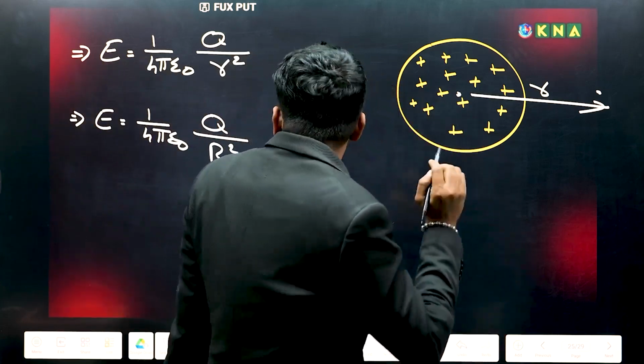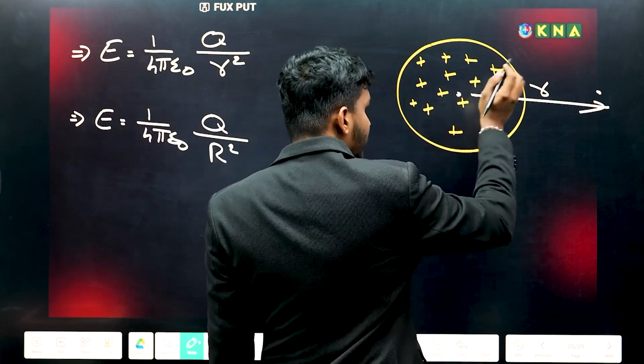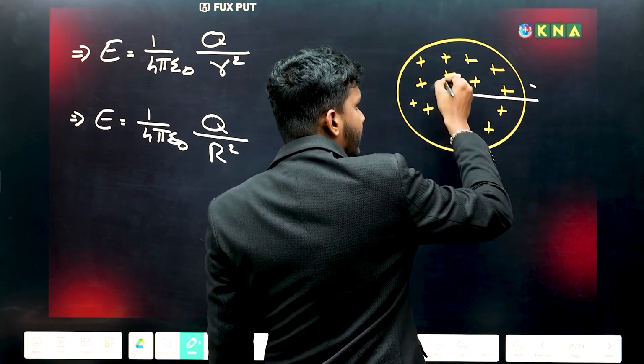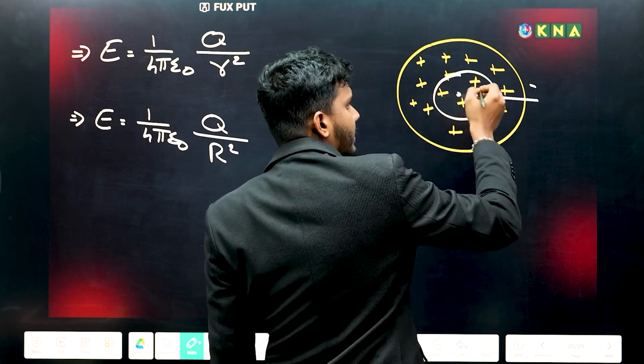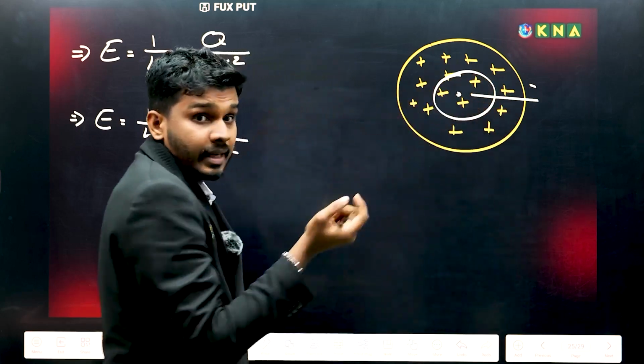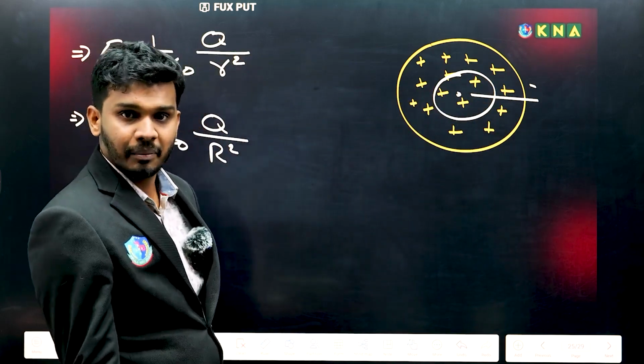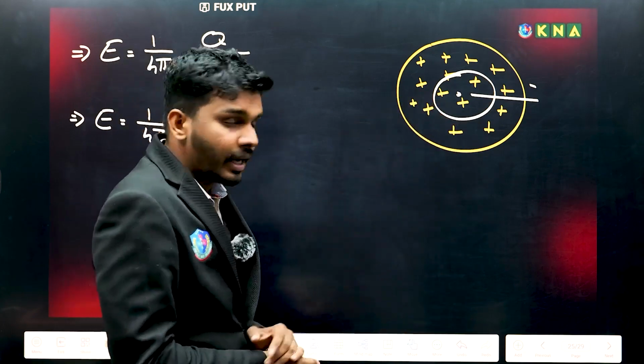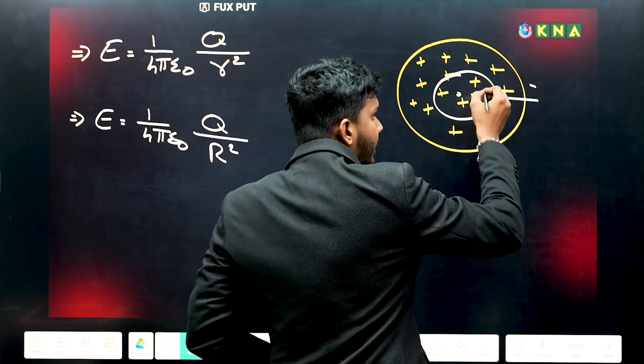But inside the surface is the problem. If we consider a Gaussian surface inside, the enclosed charge changes with respect to the surface.